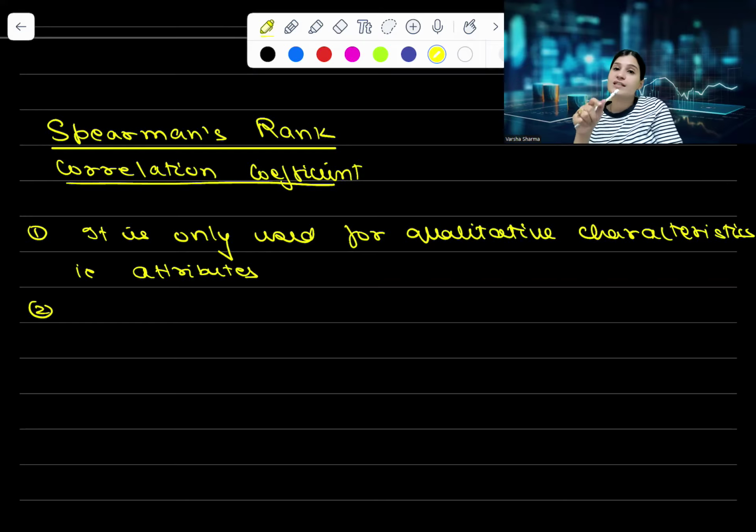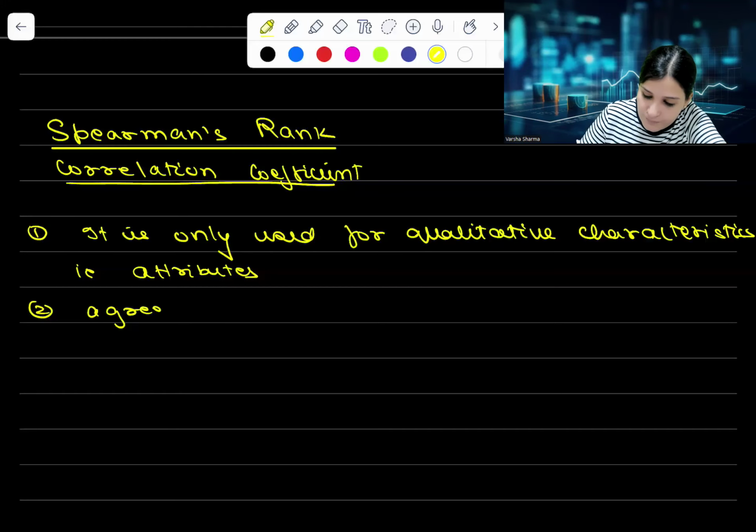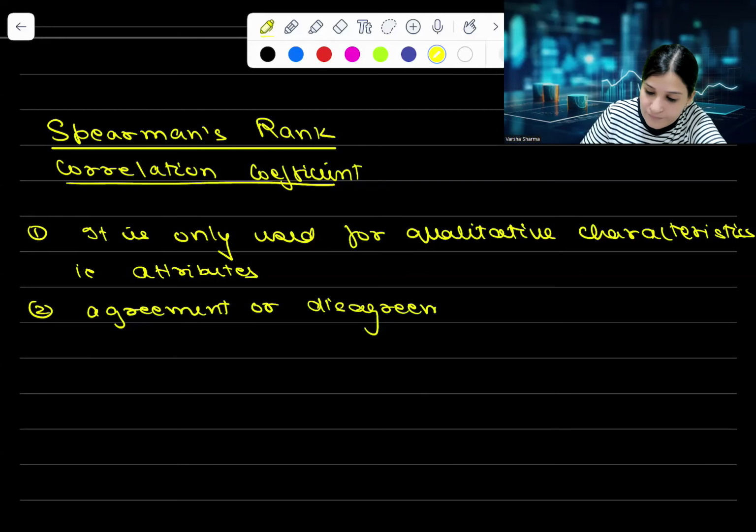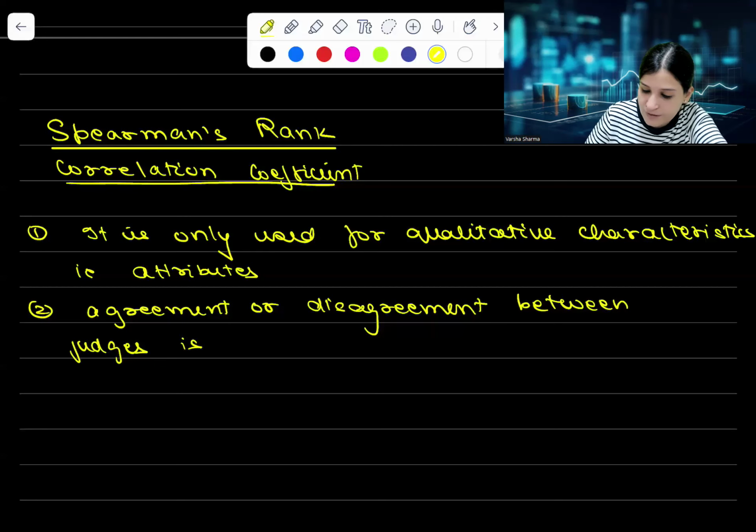So whether the judges are in agreement with each other or not, that is what we see in this particular case: agreement or disagreement between judges is seen here.